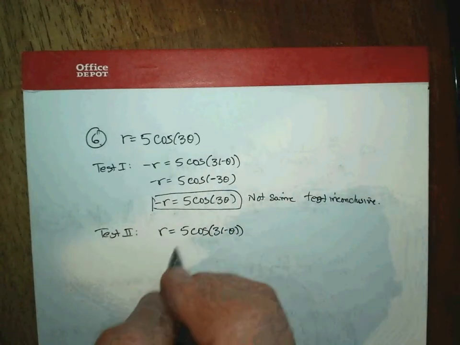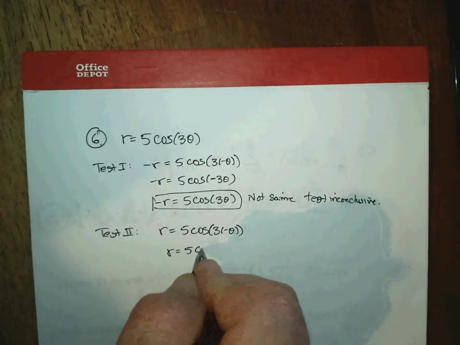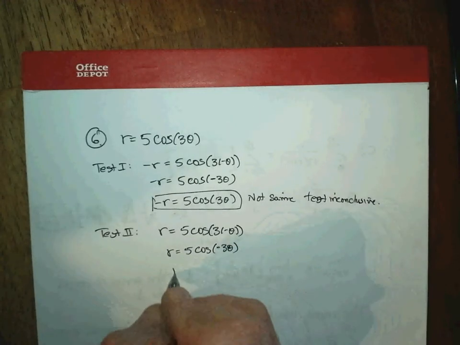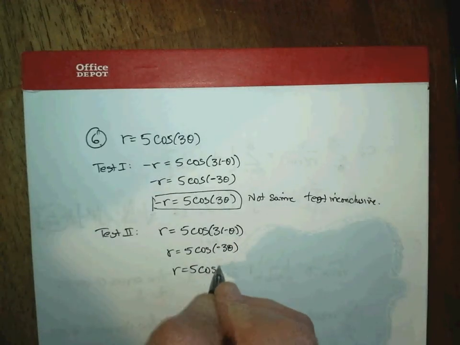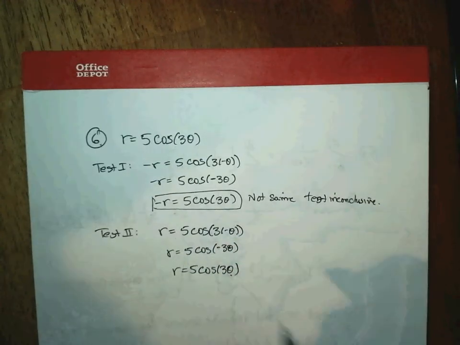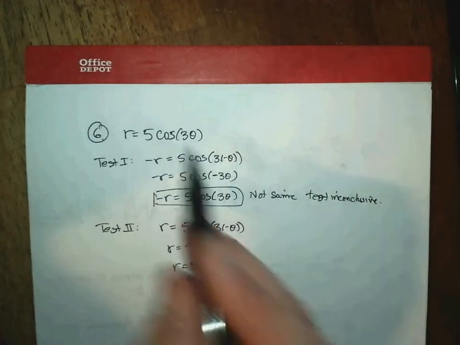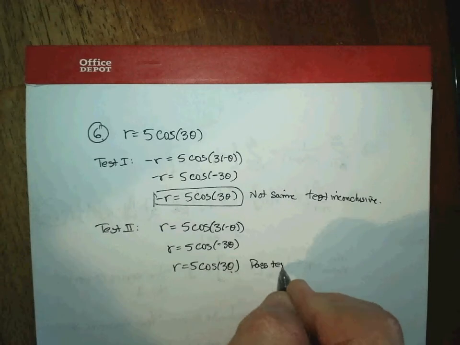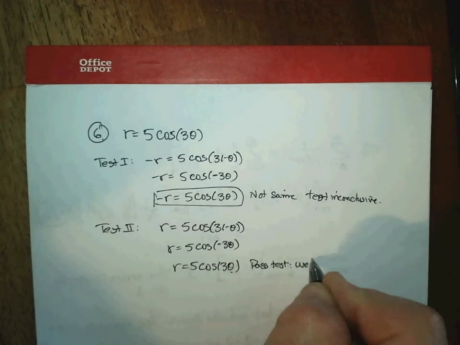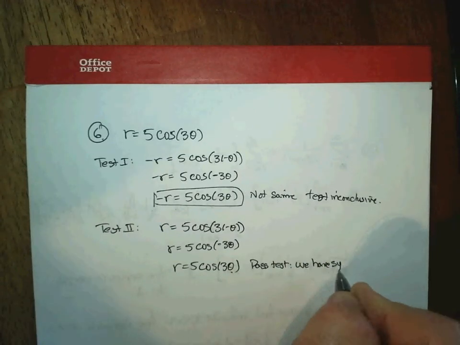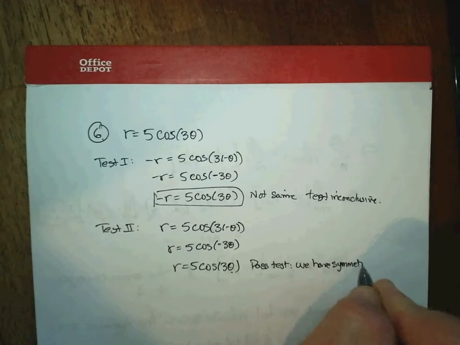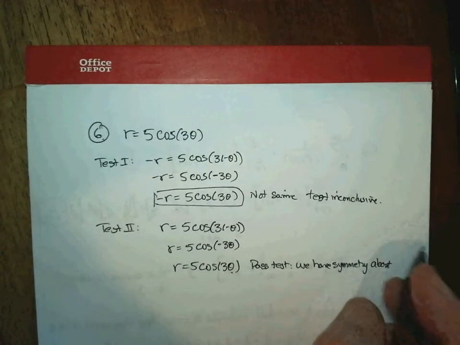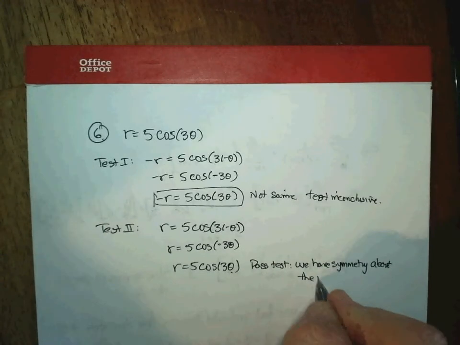Just like up here, that's a negative of 3 theta, and the cosine consumes its negative. And that is exactly the same as the equation we started with up here. Okay, we pass the test. We for sure have symmetry about the polar axis.